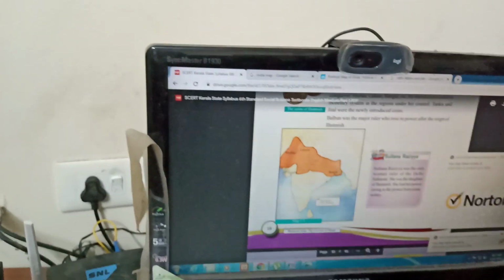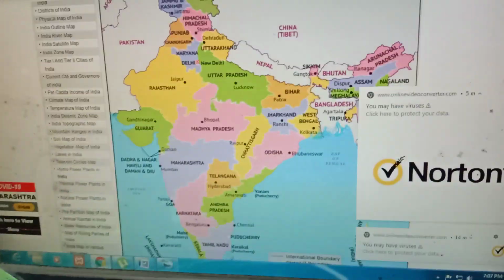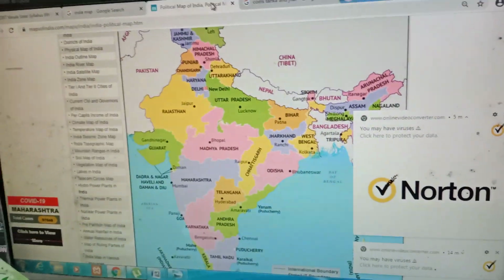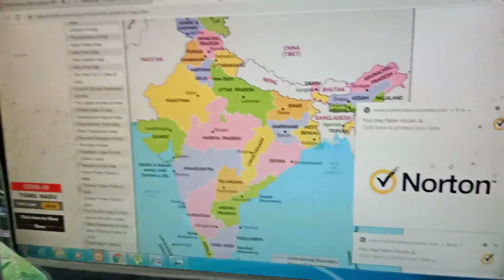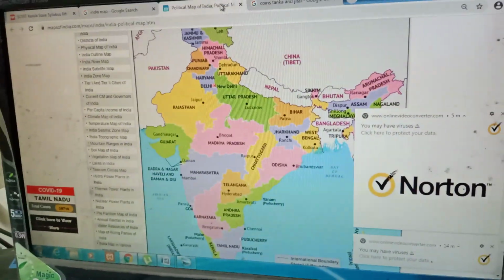We can have a look at the position of Gujarat on the Indian map. Can you see the position of Gujarat? It is on the west side of India. Do you know how to locate the position in the map?